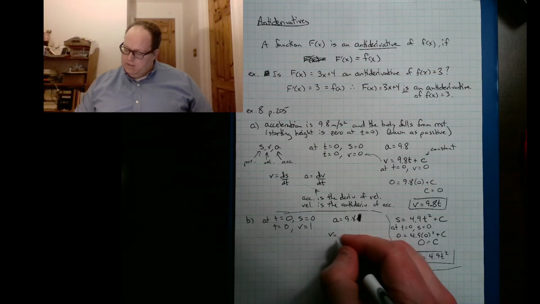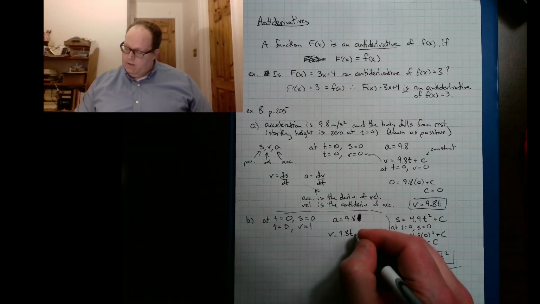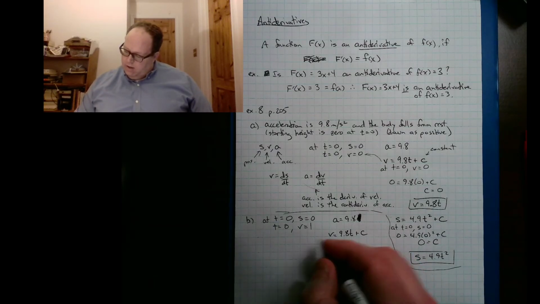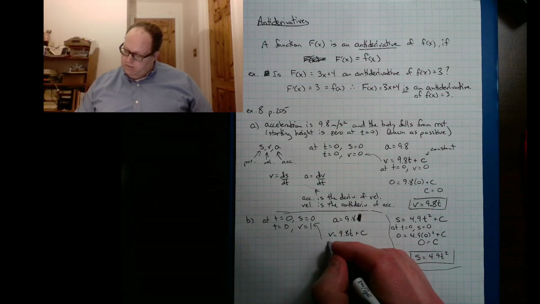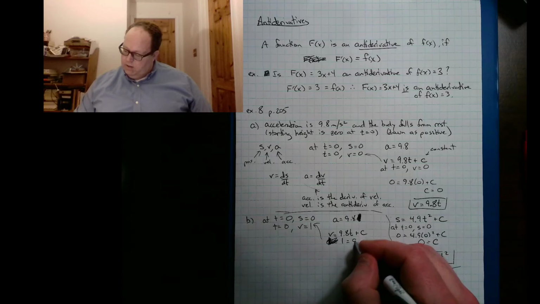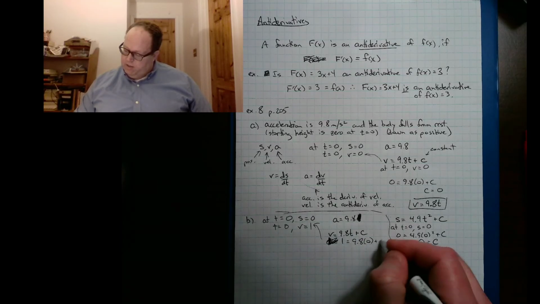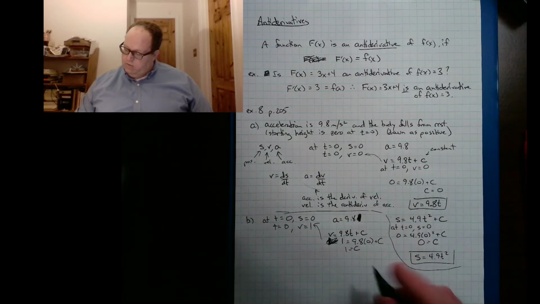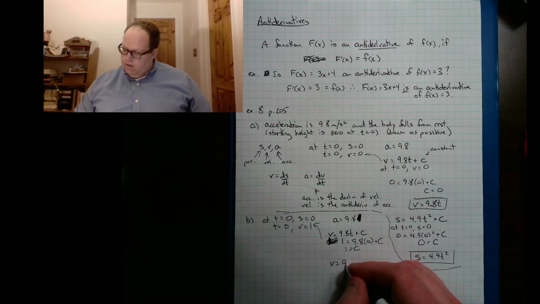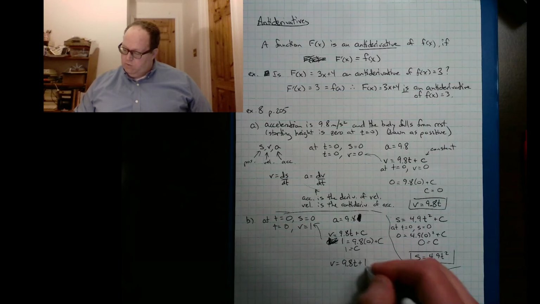So my velocity is going to be 9.8t plus a constant. Going off my initial condition, 1 has to equal 9.8 times 0 plus c, or c equals 1. And my velocity is 9.8t plus 1.